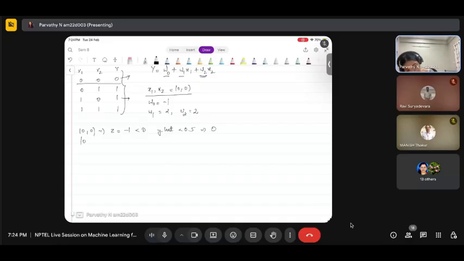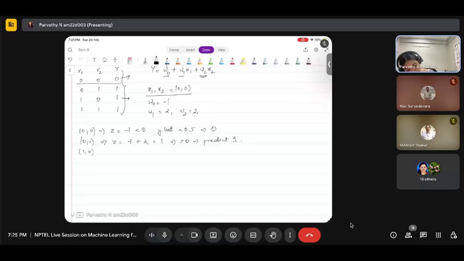Then when 0, 1 is there, z is equal to -1 plus W1 into 0 plus W2 into 1. So that is -1 plus 2, which is 1. Now this is greater than 0, so it will predict 1.